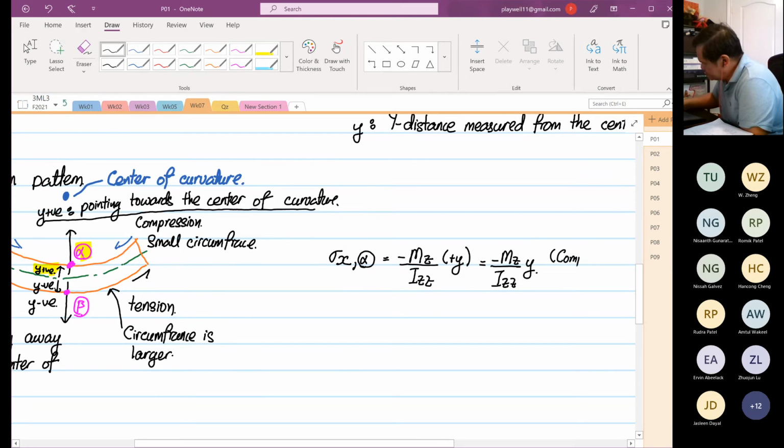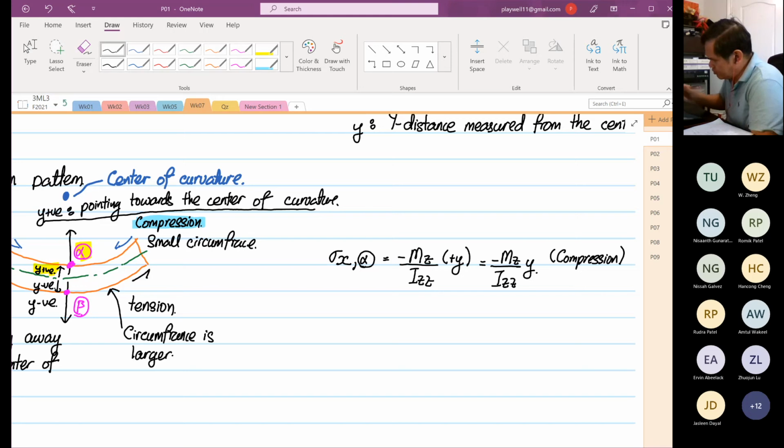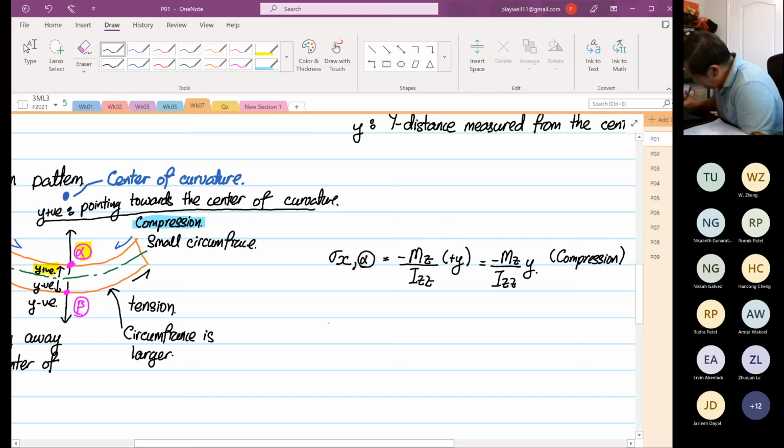Compression. Which is true. If you look at point alpha, it is under compression.